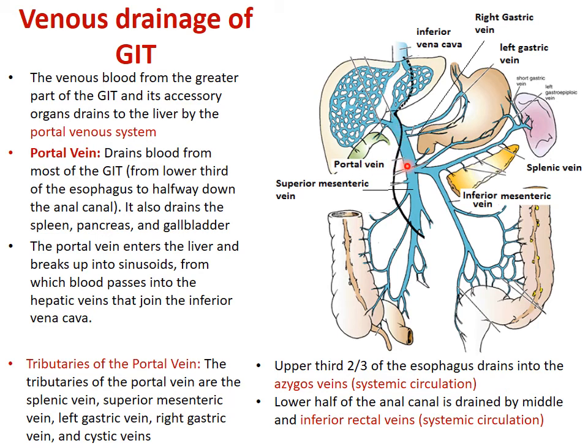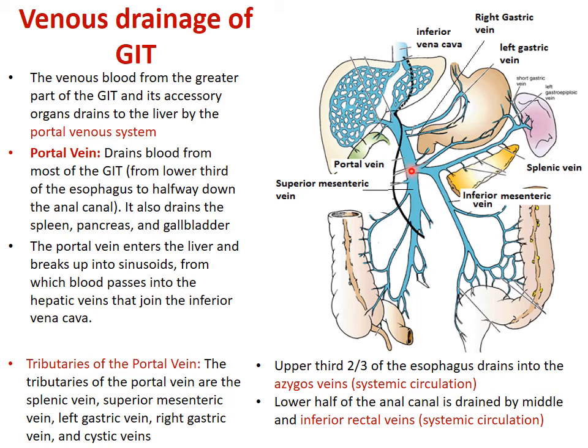So this is the portal vein from here to here, going to the liver. Now the question arises, which two tributaries unite together to form the portal vein? This is the portal vein starting from here going into the liver, and in the liver it divides into right and left portal branches, right?